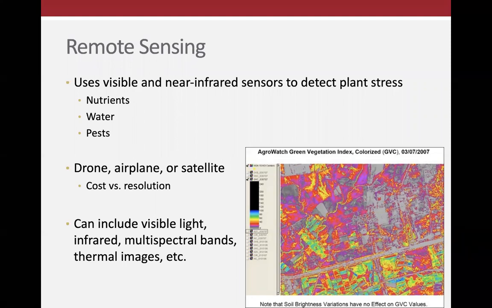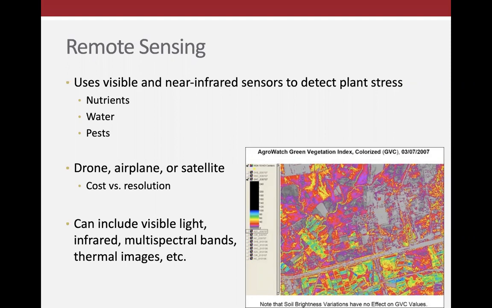But we use remote sensing to think about nutrients, about water, about pest outbreaks. You get these really pretty pictures that are heat maps, and make inferences based on that. We can use things like visible light, infrared, multispectral bands, thermal images. There's a lot of different technology in terms of measuring canopy reflectance, and the different wavelengths that you put together to construct an index.